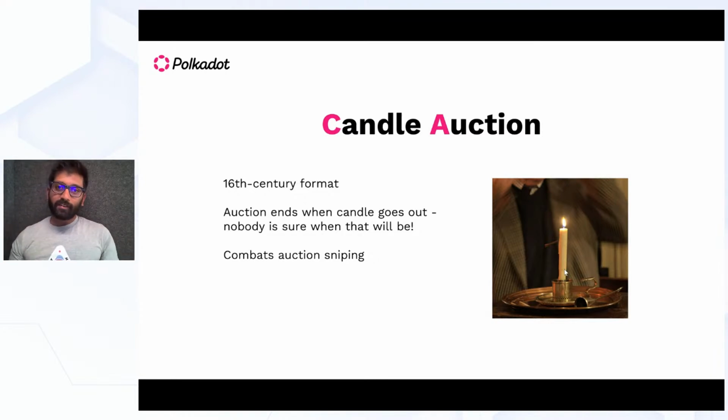Now, the modification Polkadot made to this auction is that the candle is not visible to the people who are bidding. So they have no clue when exactly the flame is going to be extinguished. So they're going to be honest with their bid of the number of DOT tokens they would want to use to get a slot on Polkadot. So it combats auction sniping. The projects will be honest with the total number of DOTs they're willing to lock to get a slot.